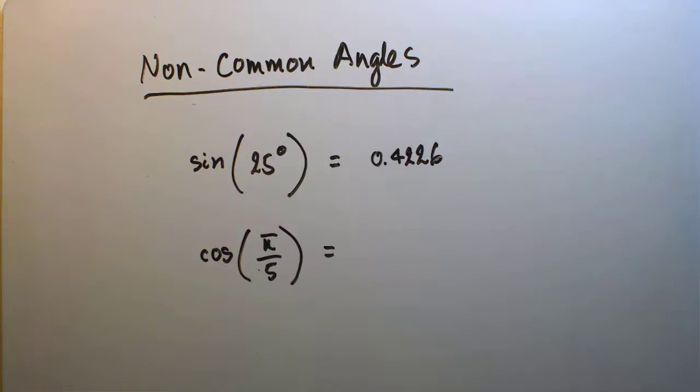And so, cosine of pi over 5. Let's find out what cosine of pi over 5 is. Once again, this is a non-common angle, so we definitely need to use the calculator to get that value.